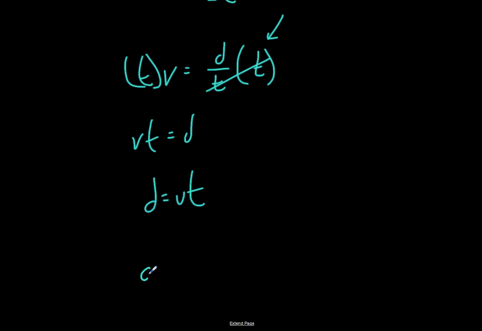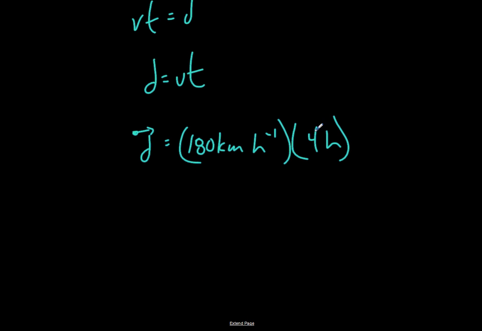So look at what we have here. We have displacement equals a velocity of 180 kilometers every hour, because we just figured that out. And we said it does this for 4 hours. So 180 times 4.